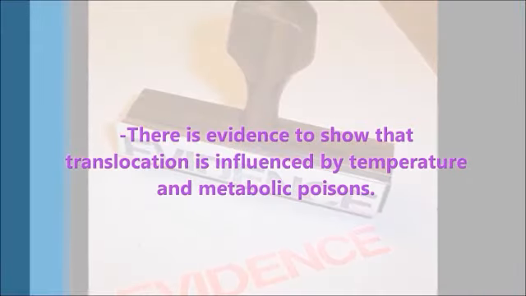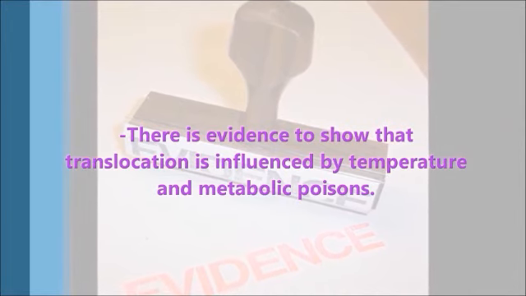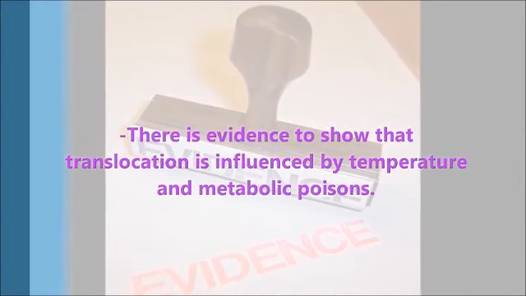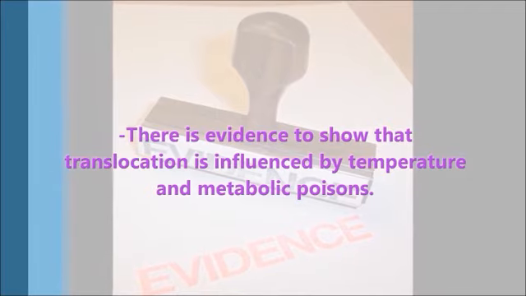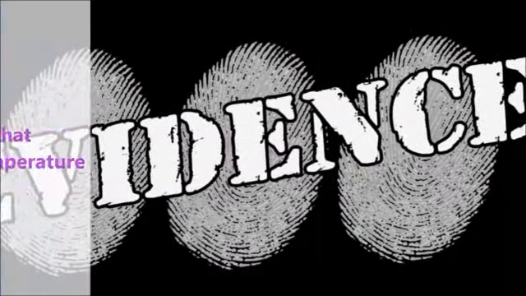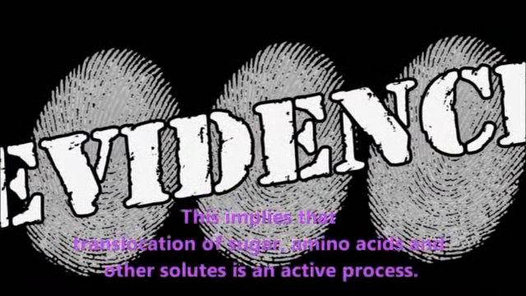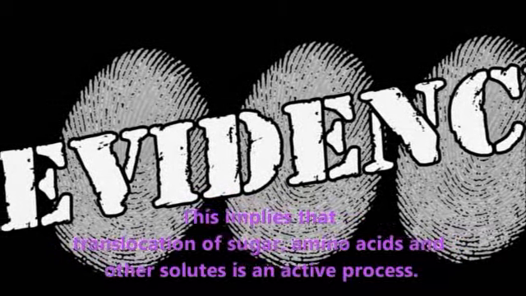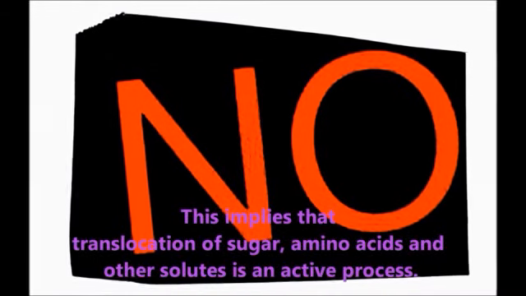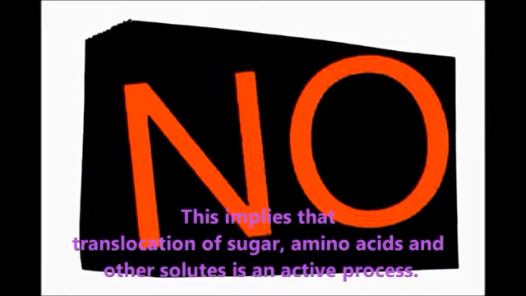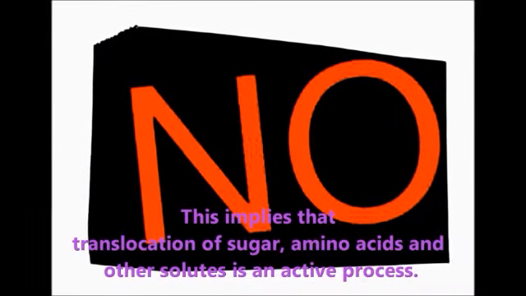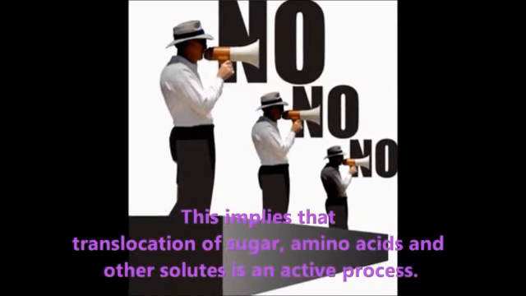There is evidence to show the translocation is influenced by temperature and also metabolic poisons. This implies that the translocation of sugar, amino acids, and other solutes is an active process.